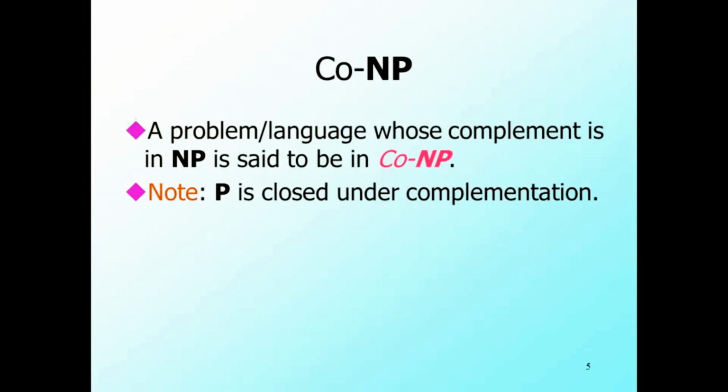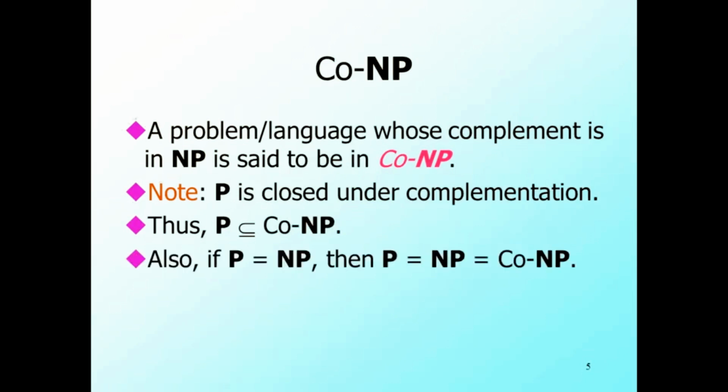Just have the new machine simulate the original. It halts without accepting if the original machine accepts, and it goes to a new accepting state if the original halts. Since the complement of every language in P is also in P, it is surely in NP. That proves the class P is a subset of co-NP as well as of NP.